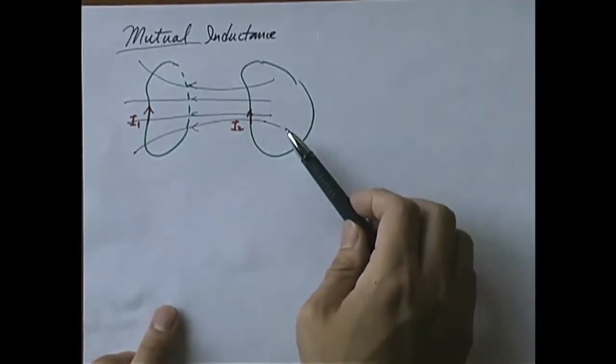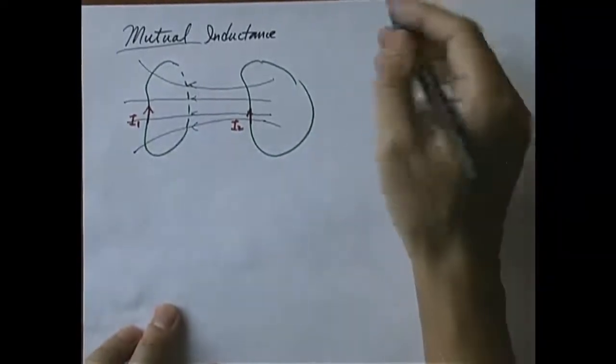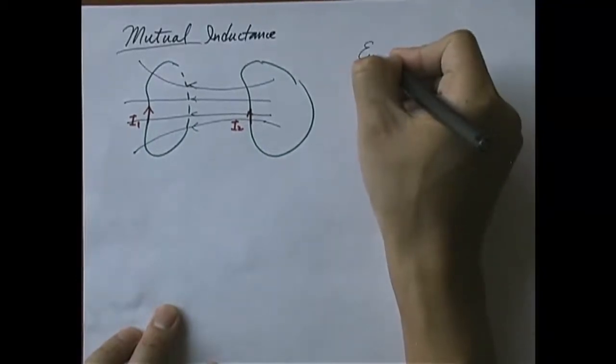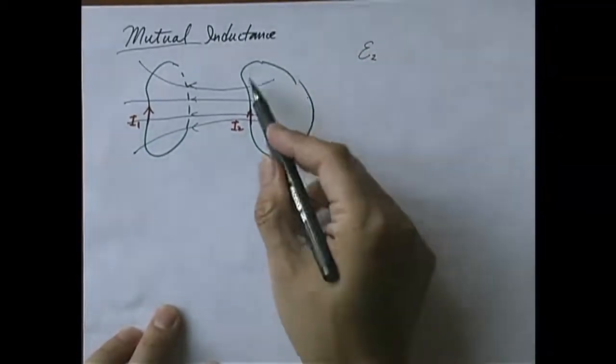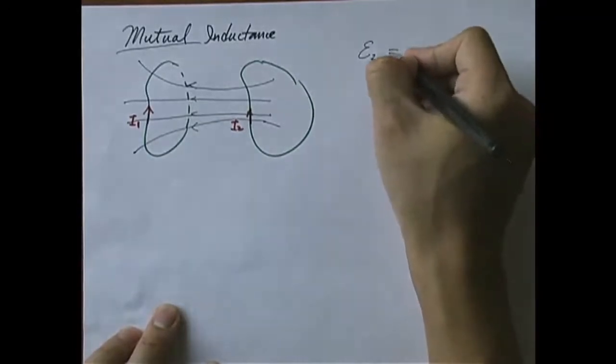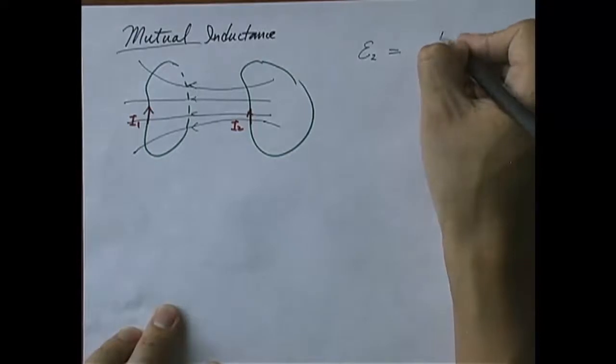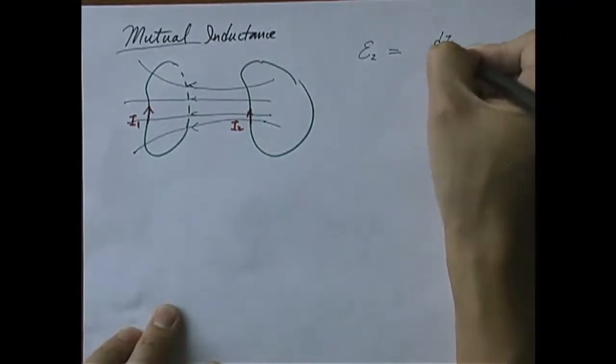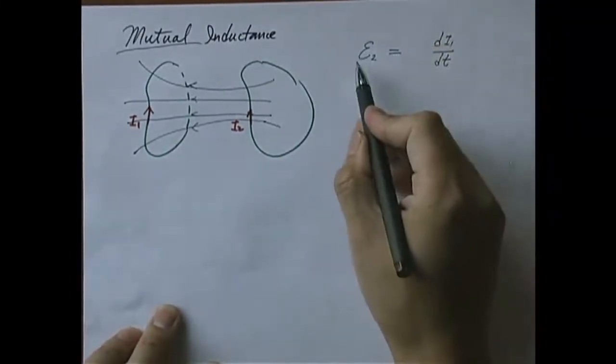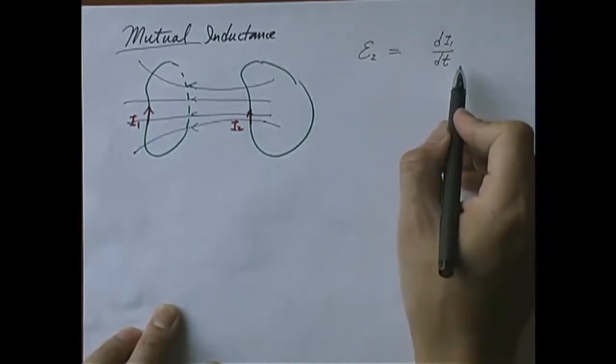Okay, to put it down in an equation, there can be epsilon 2, which is the induced EMF in the second loop, caused by a changing current in the first loop. Okay, that is dI1 dt, not dI2 dt. Of course, it is not equality yet. I have to put a constant.